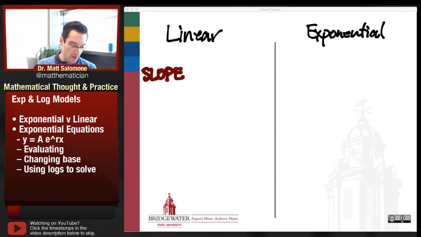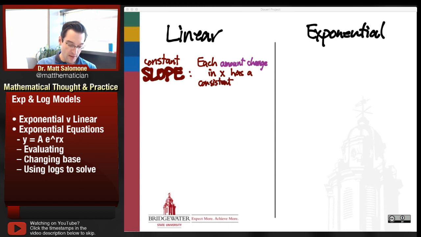And the slope of a linear model is the thing which is constant, because what it says is each amount change in one of my quantities, let's say x, has a consistent amount change in y.